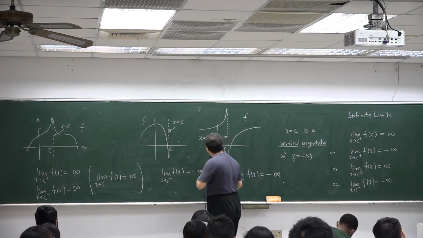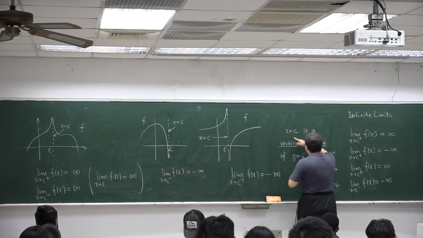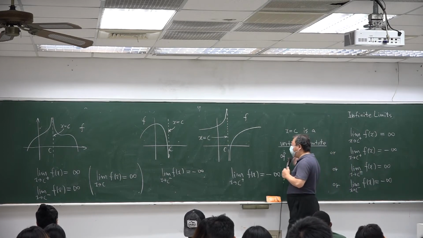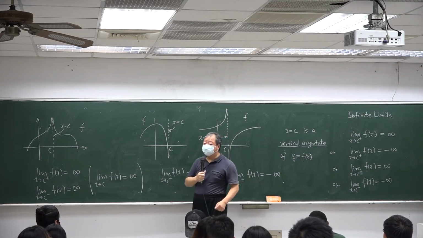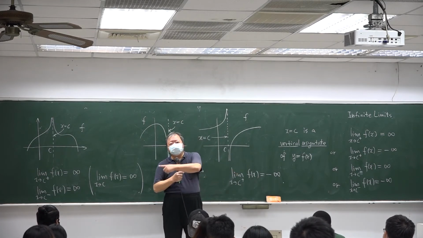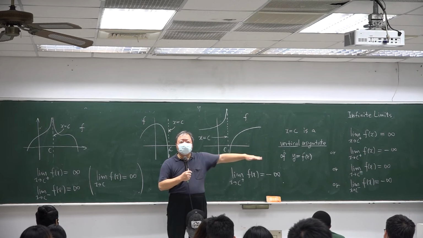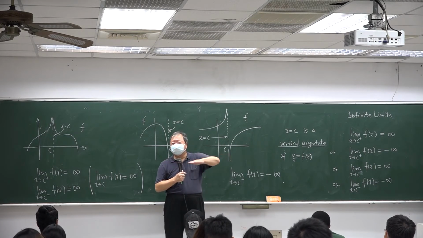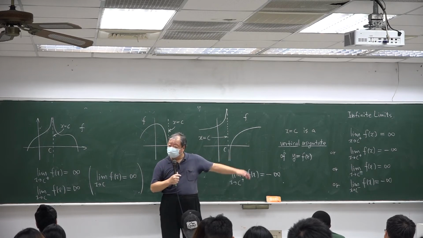So here, x equals c is a vertical line, so we call x equals c a vertical asymptote of the graph. If a limit at infinity exists, then the graph of the function has at least one horizontal asymptote.